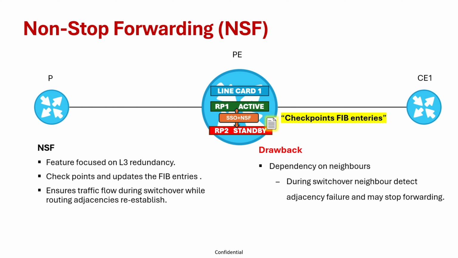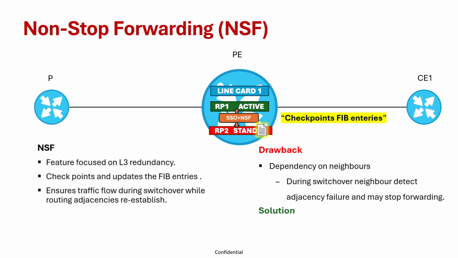The NSF will make use of the updated FIB during the synchronization. It will use that information to forward the traffic, but the neighboring adjacencies will detect the control plane failure and will drop the adjacencies. And this will definitely affect the data traffic as well.